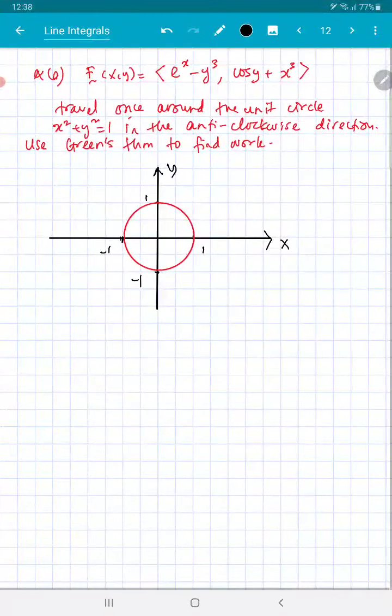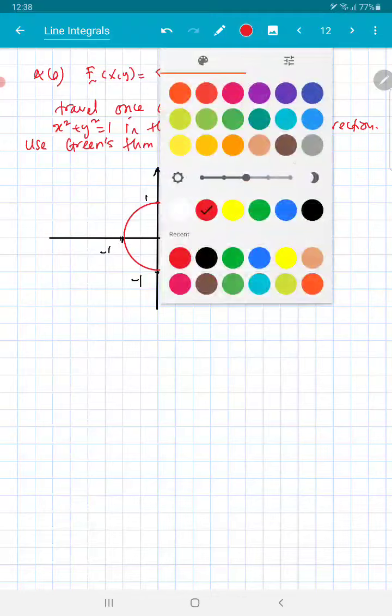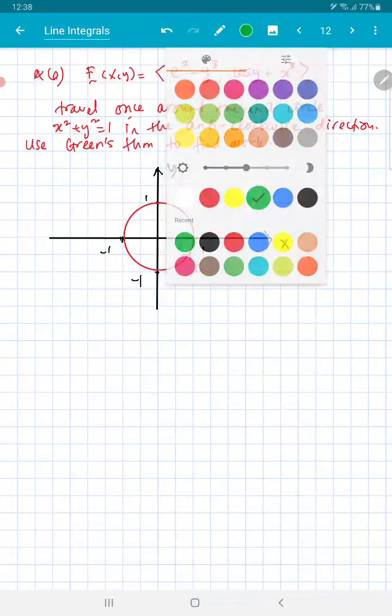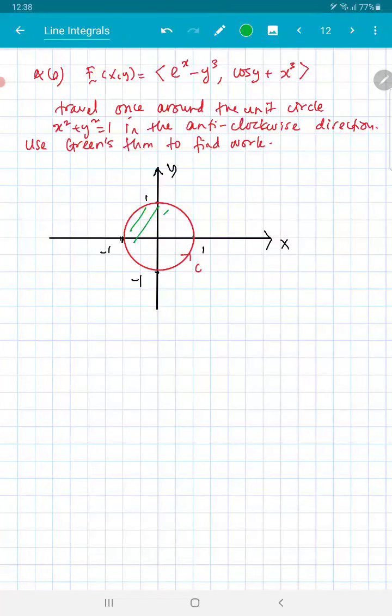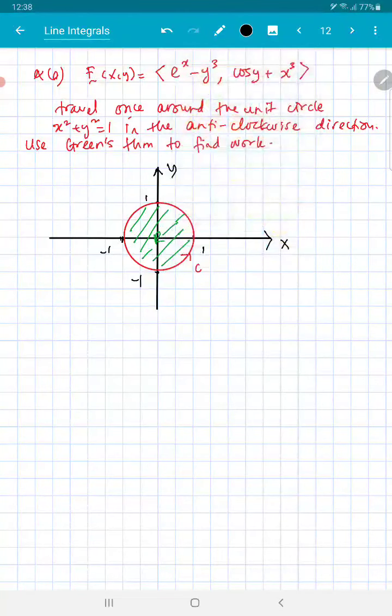So the orientation is anti-clockwise direction. So this is our closed curve C, and as you can see, the closed curve C will be the boundary of our region R. So this is going to be our region R, which is bounded by the closed curve C in an anti-clockwise direction. Okay, so from here we can get what is our P and our Q.